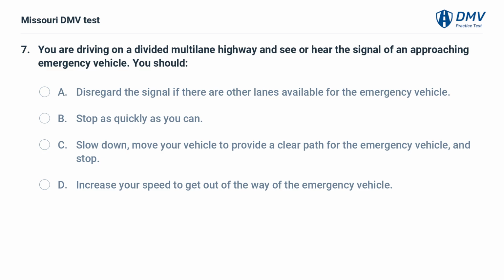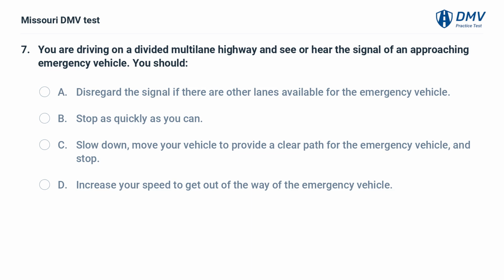You are driving on a divided multi-lane highway and see or hear the signal of an approaching emergency vehicle. You should A. Disregard the signal if there are other lanes available for the emergency vehicle. B. Stop as quickly as you can. C. Slow down, move your vehicle to provide a clear path for the emergency vehicle, and stop.